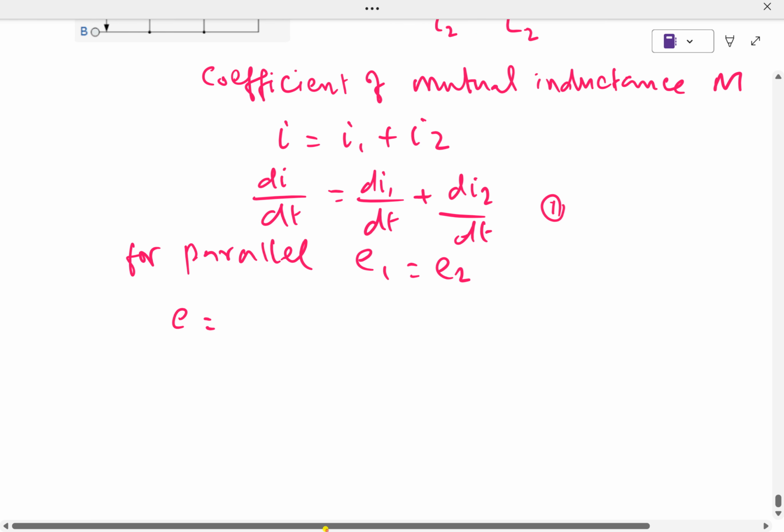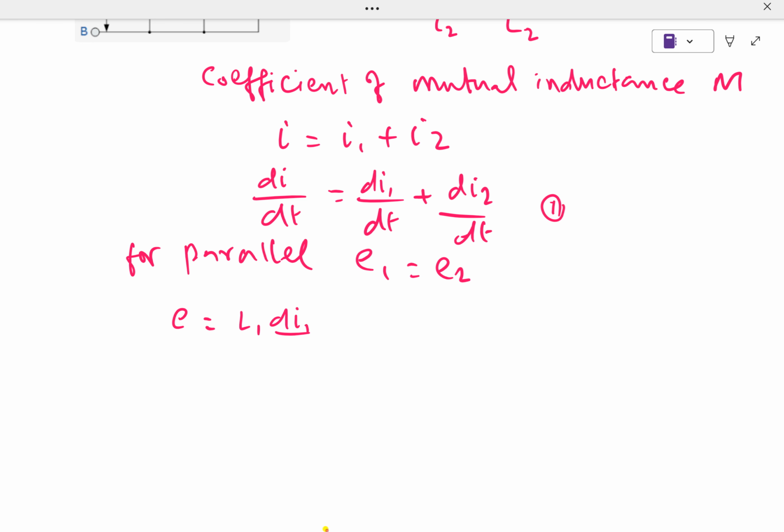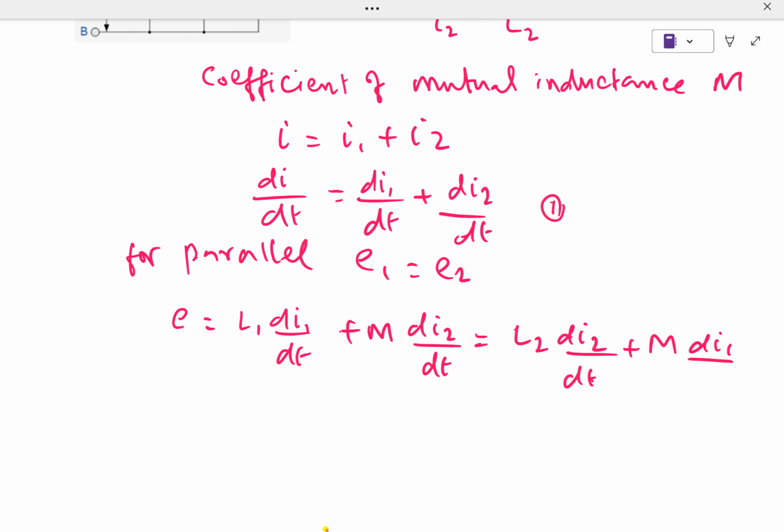Therefore, the common voltage E is equal to L1 di1/dt plus M di2/dt, which is for one coil, and that is also equal to L2 di2/dt plus M di1/dt for the other coil.